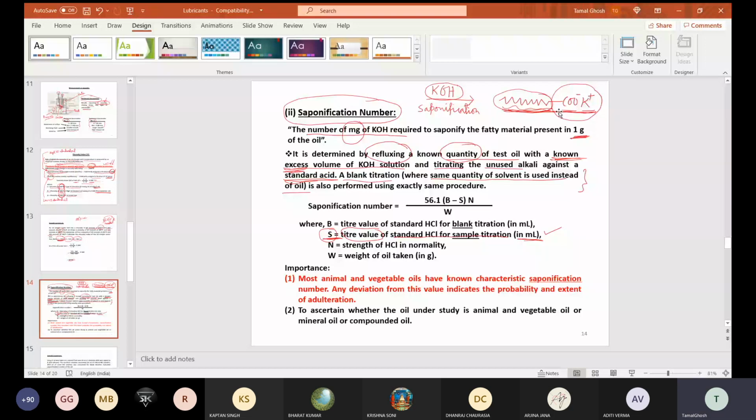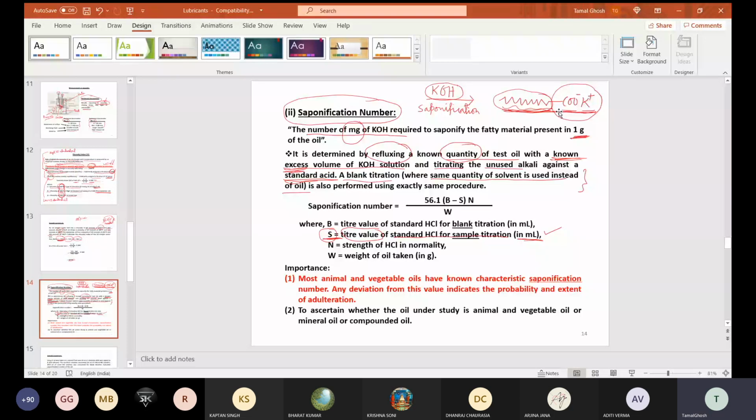That cooling solvent will help to cool down whatever solvent is going upward. And once it is cooling down, the solvent vapor will be converted to liquid again, and drop by drop it will be coming back to the reaction mixture.